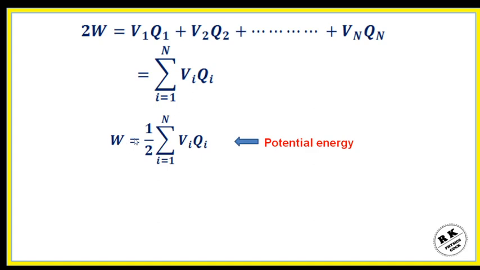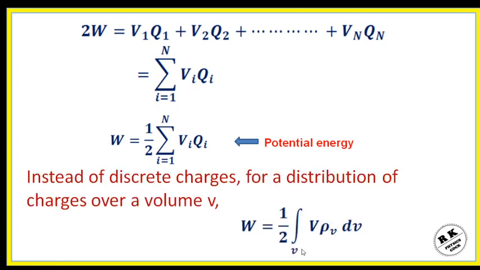In that case, the potential energy or the work done can be represented as W is equal to half of the volume integral of capital V rho V dV. Remember that capital V is the potential and small v is the volume.